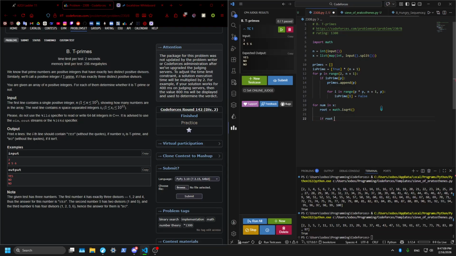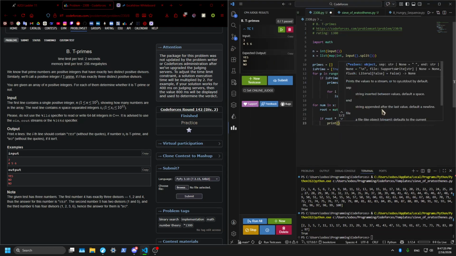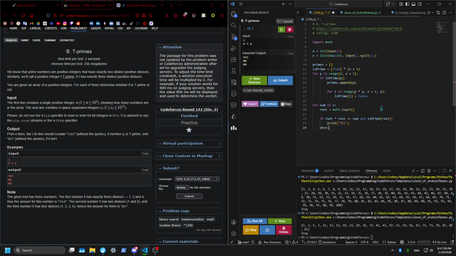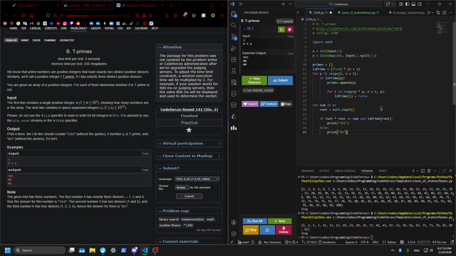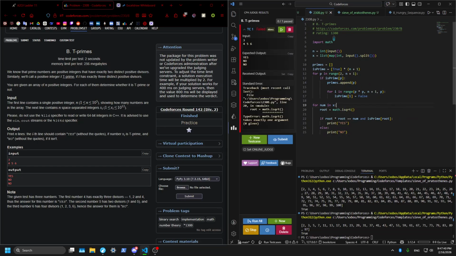or we can just do root times root is equal to num and is prime root. Then print yes, else print no. Okay.